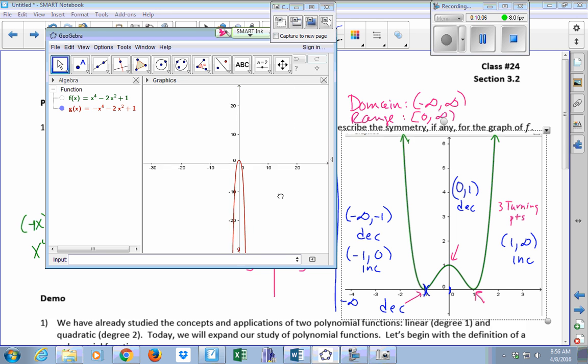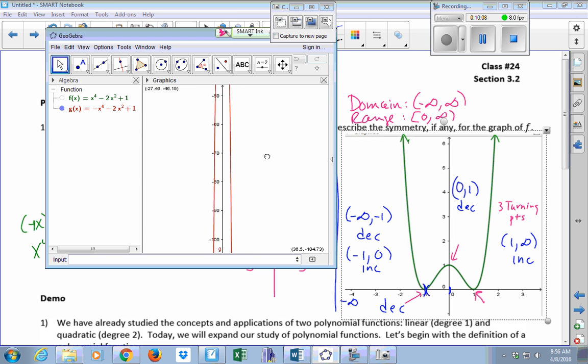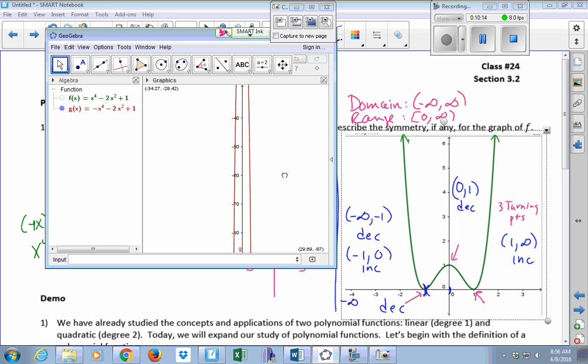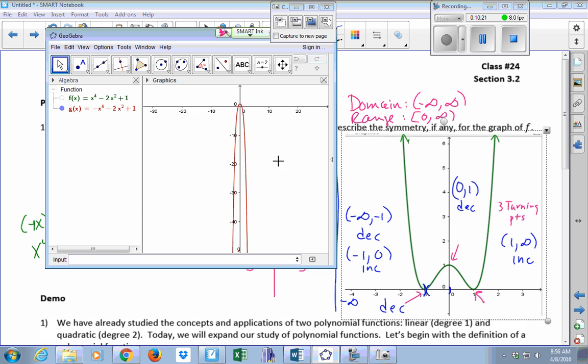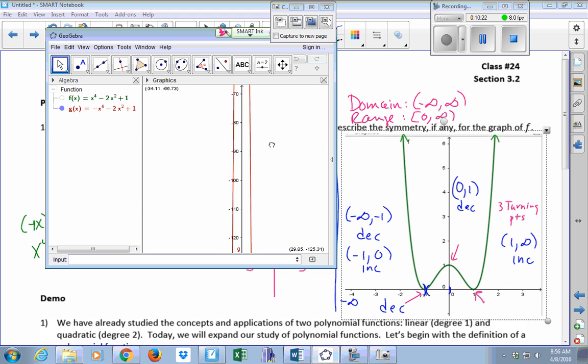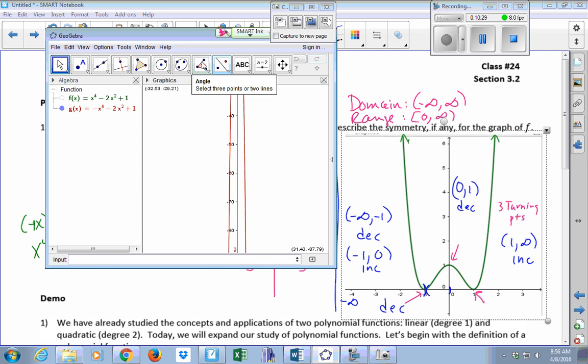But what's the difference? If we keep going and going, what happens to the value of y, our f of x, as we go to the right towards positive infinity and to the left? Where's it going? It's decreasing. This one, both arms, I call them arms, both arms are up. This one, both arms are down. What's the major difference between these two functions when I entered them?